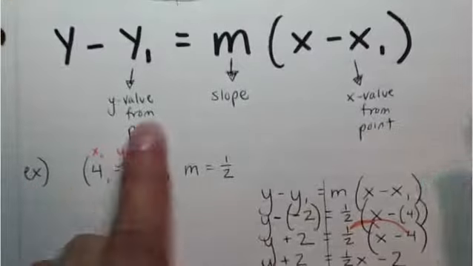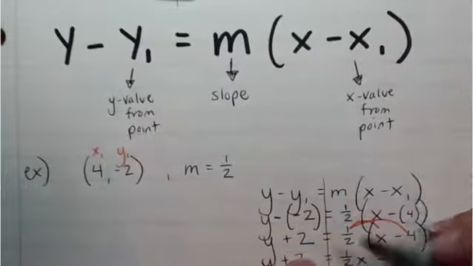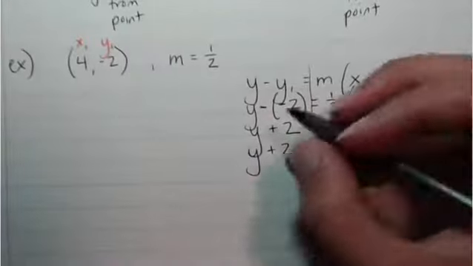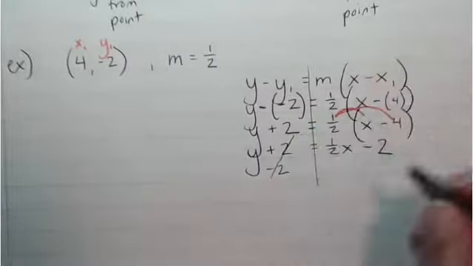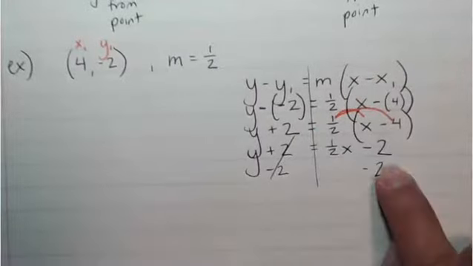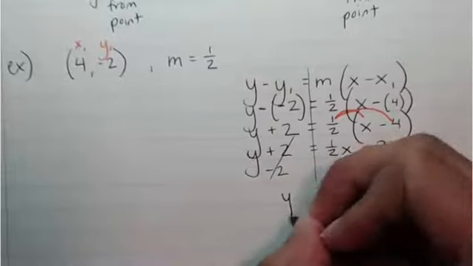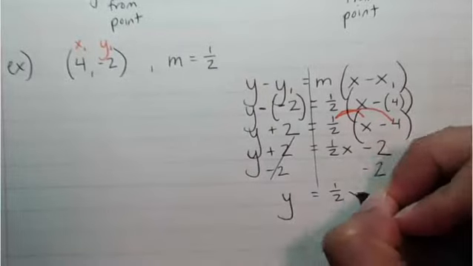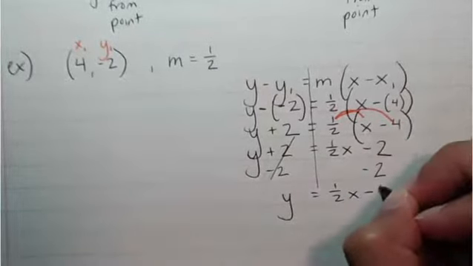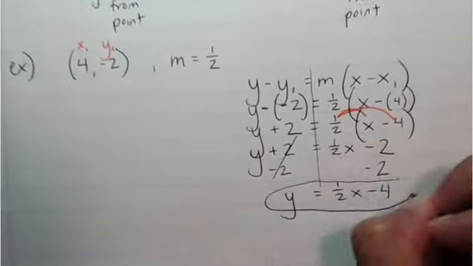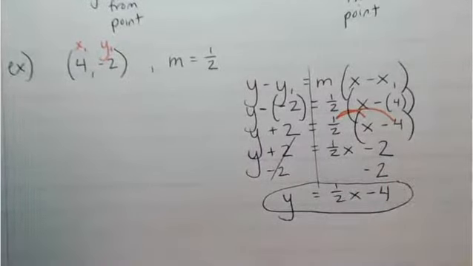So this is an easier formula to use to get it into y equals mx plus b. So I'm going to take away 2 on both sides. Now again, I can write it right underneath this one. So I have y is equal to 1/2 x, -2 minus 2 is -4. So I end up getting the same answer that I did from up here, just maybe a shorter time period spent because it came a little bit quicker.